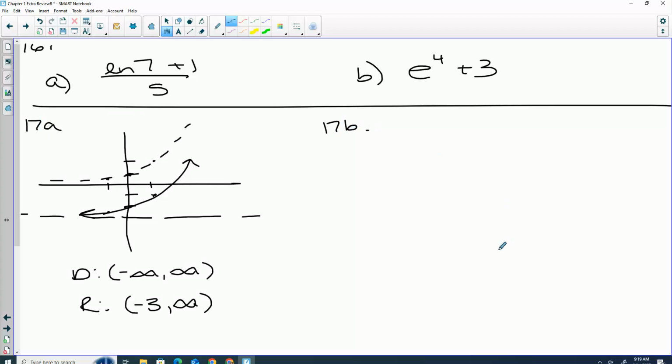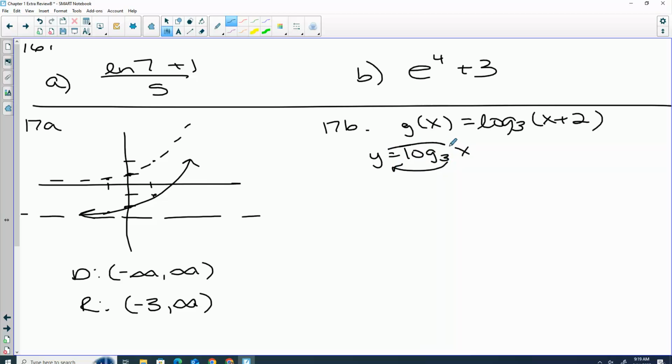Now 17b, we're starting with a log. So we need the parent function. That's our basic log, so this would just be a log base 3 of x. If you write that in exponential form, it means 3 to the y power equals x.